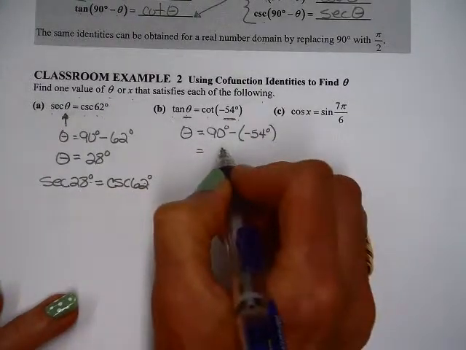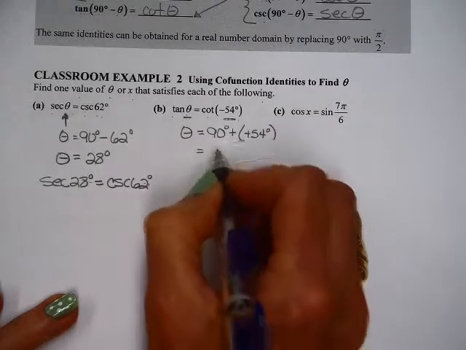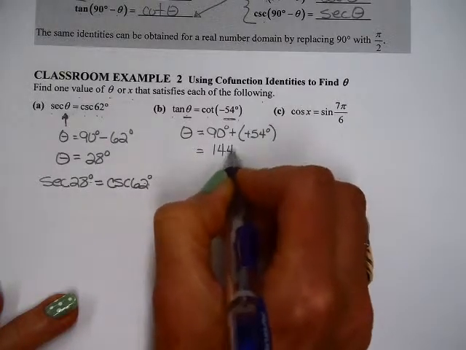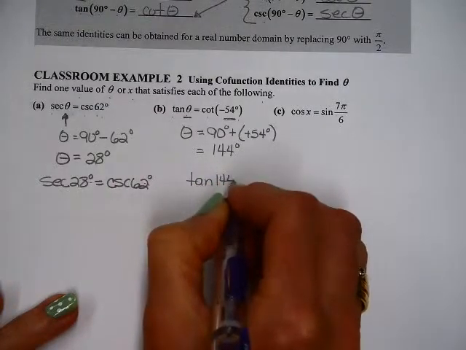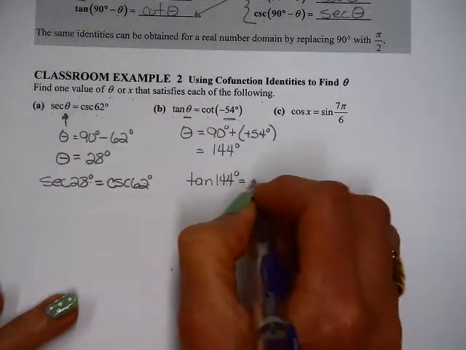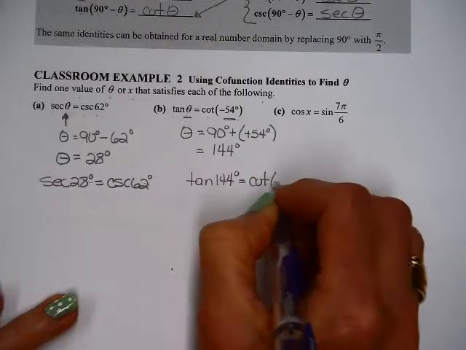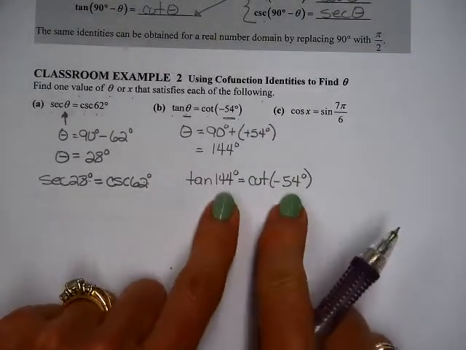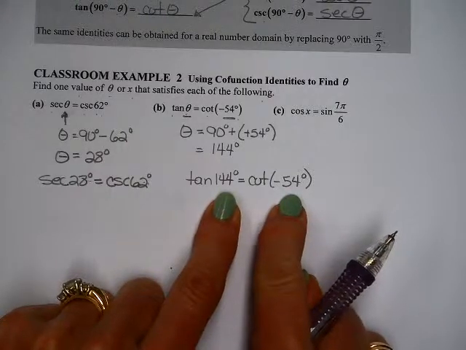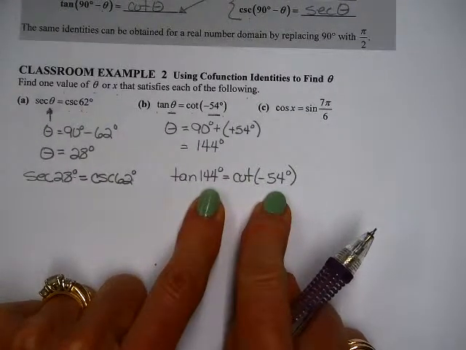And that's the same thing as 90 plus 54, which looks like it's 144 degrees. So the tangent of 144 degrees is the same thing as the cotangent of negative 54 degrees. These two angles add to 90.